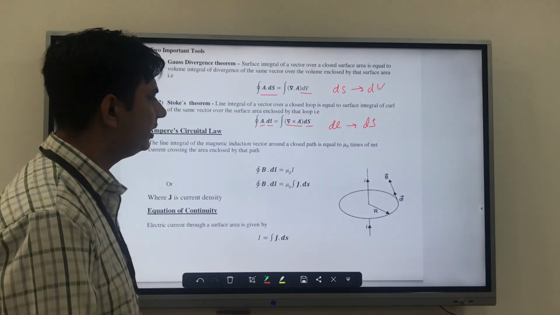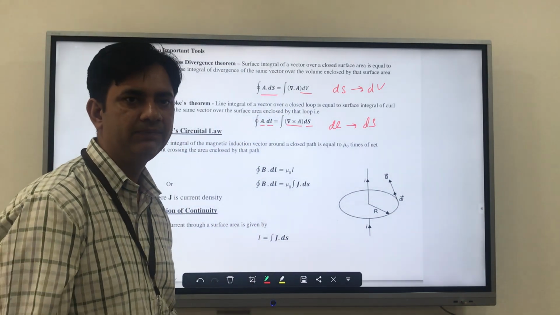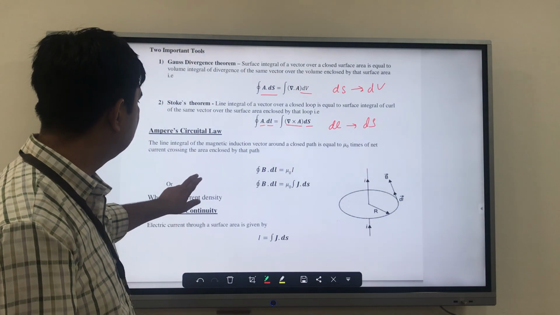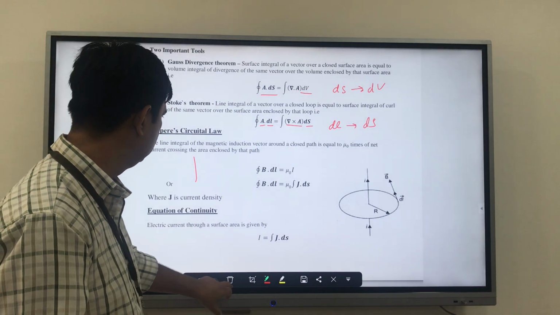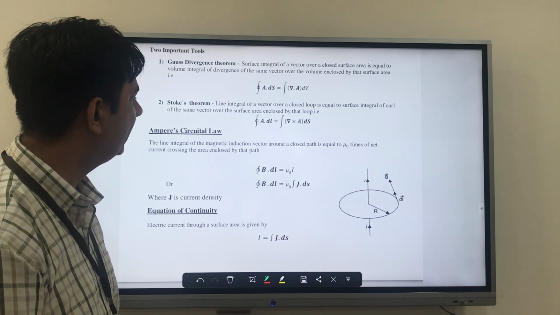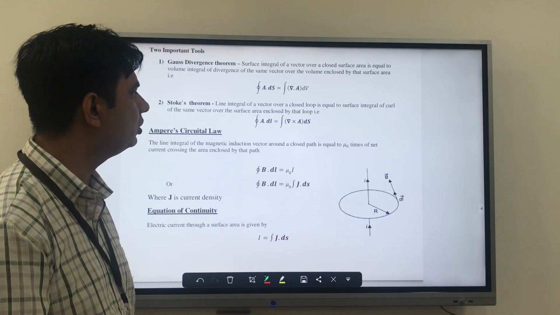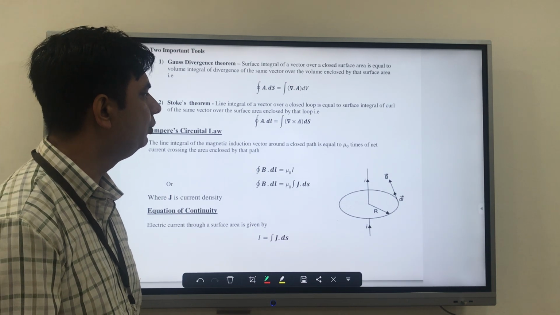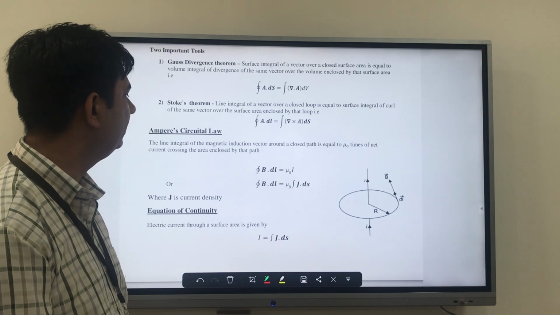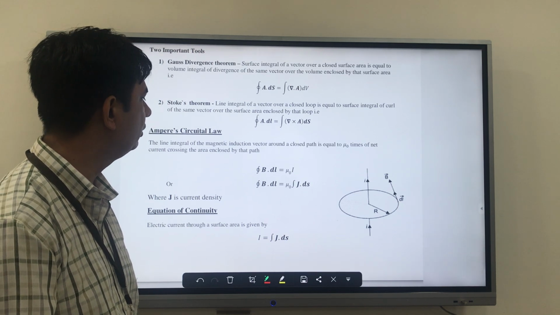Now, Ampere's circuital law, we all learn about it. What it says is that the line integral of the magnetic induction vector around a closed path is equal to mu times the net current crossing the area enclosed by that path.